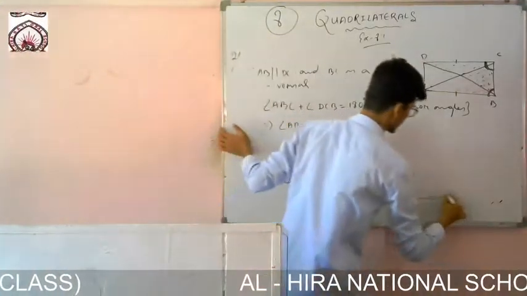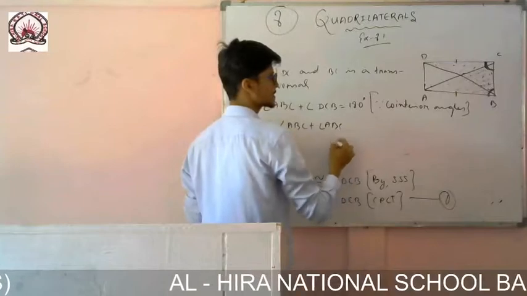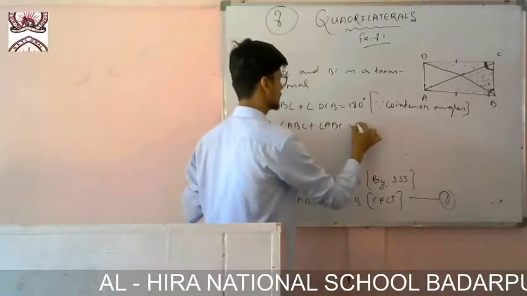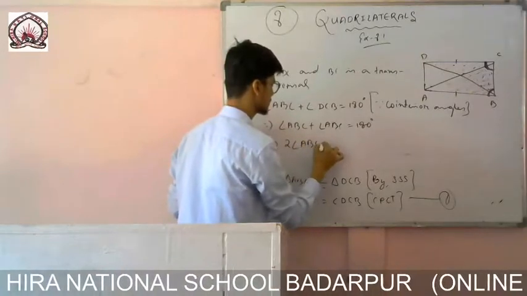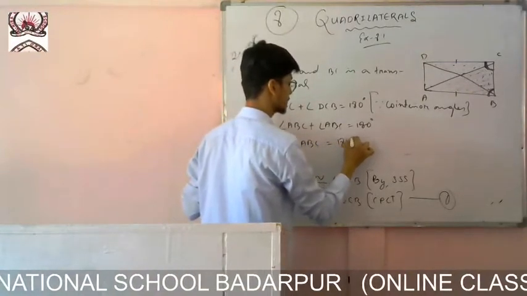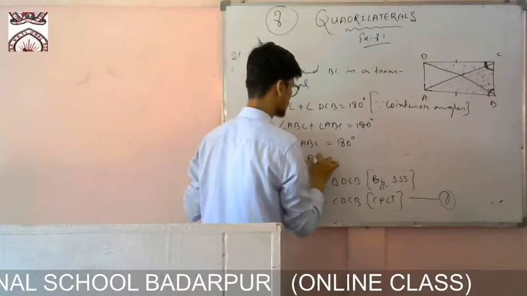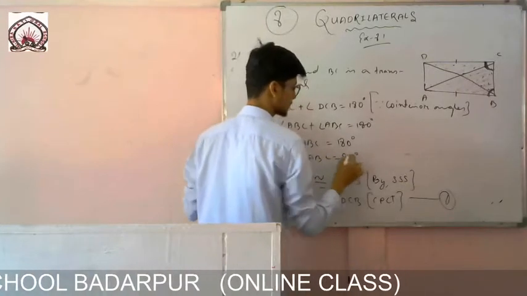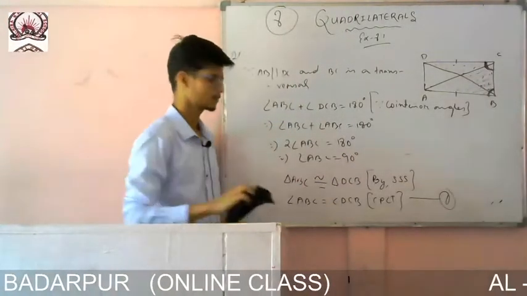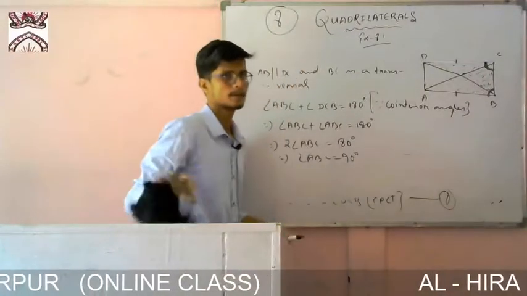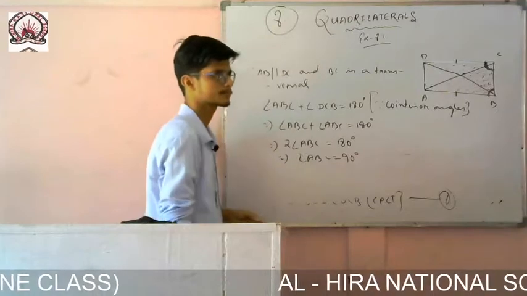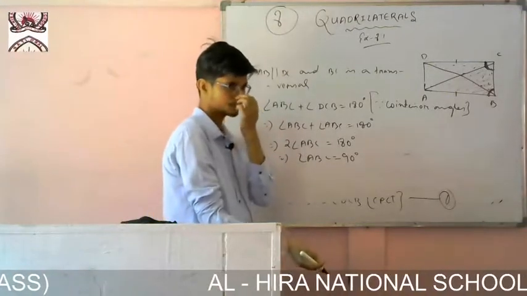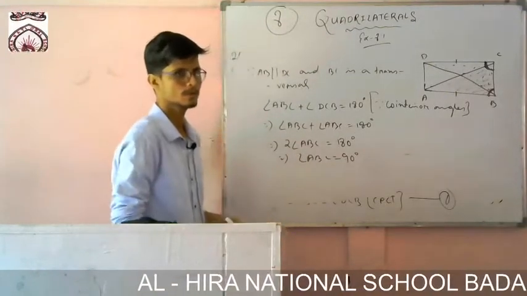This one you can give as equation number 1. ABC plus ABC is equal to 180 degrees. So twice angle ABC is equal to 180 degrees. So angle ABC is equal to 90 degrees.